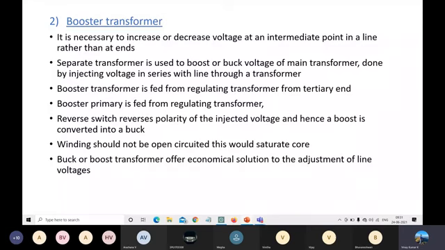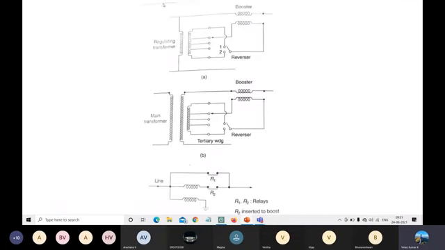Okay, so there are different configurations. The primary of the booster transformer will be connected to the secondary of the regulating transformers, and the primary of the booster transformer will be connected to the tertiary winding of the main transformers. We can take one polarity and tap it, so that will be used as your booster transformer.